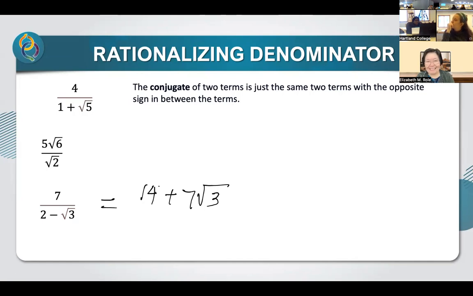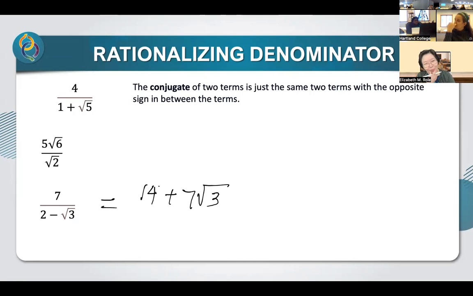So 7 times 2 is 14, plus 7 square root of 3. Everyone has gotten the correct answer? Yes, all right. So sometimes, some mental math can actually be done if you have that kind of thing.